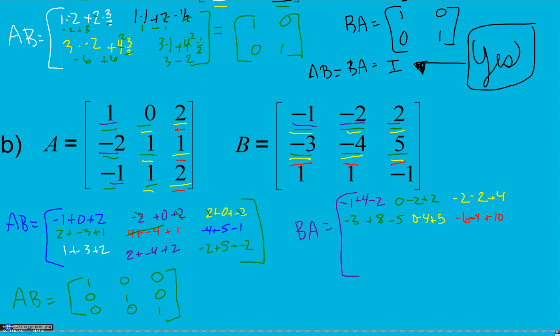And last row here, 1 times 1, 1 times negative 2, and negative 1 times negative 1. 1 times 0, 1 times 1, negative 1 times 1, and last, 1 times 2, 1 times 1, negative 1 times 2.